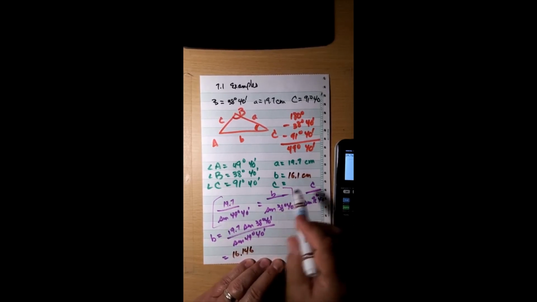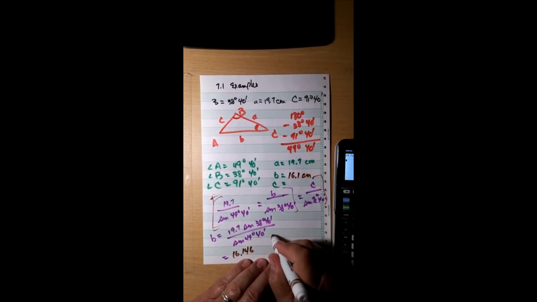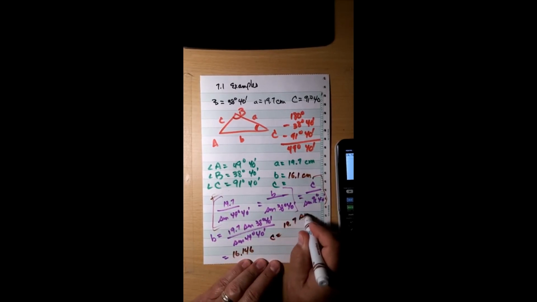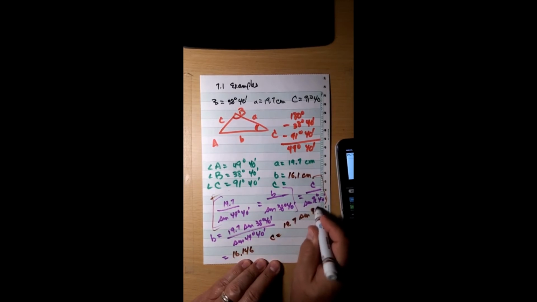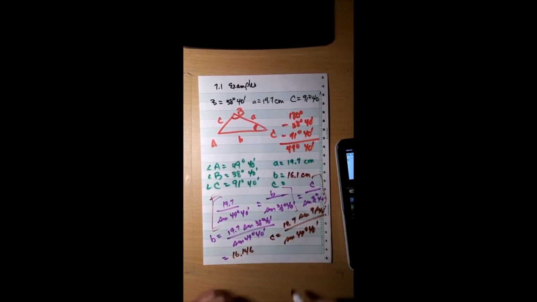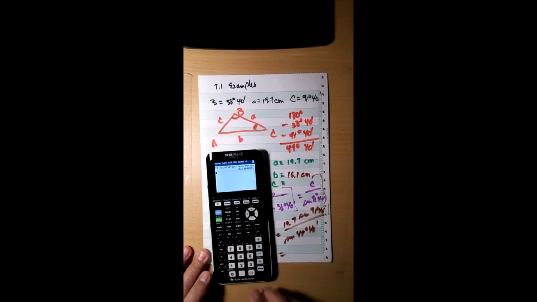Also C, if we use this first one and the last one, C is equal to that 19.7, the sine of 91 degrees 40 minutes over the sine of 49 degrees 40 minutes. Boy, that's getting harder and harder to read. So use the same idea.